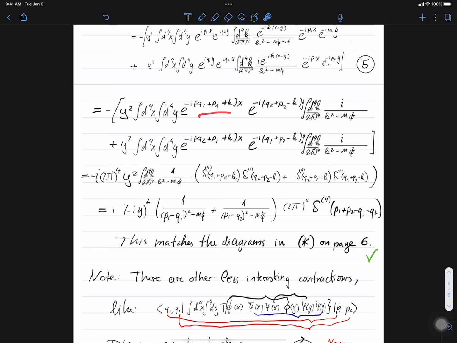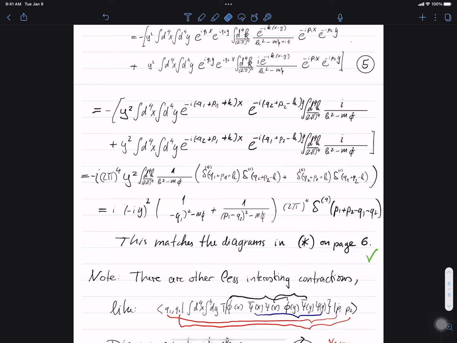And then we have two combinations of those from the two possible contractions of the external lines. We get this combination of delta functions and this combination of delta functions, which correspond to the T channel and the U channel, just the momentum combinations. And now we can evaluate the last integral and get rid of one of the delta functions.